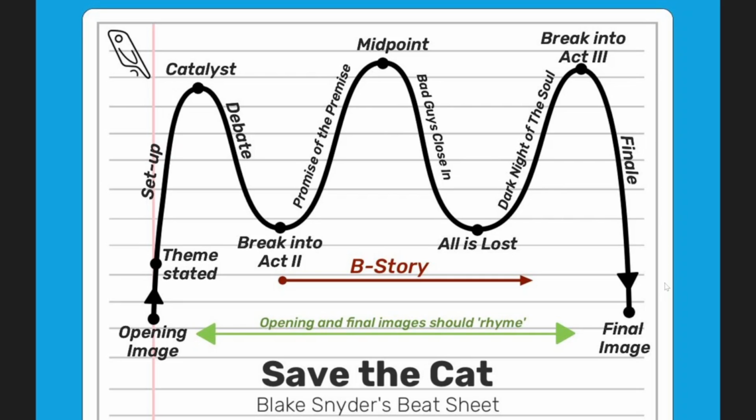If it's all wins, no losses, then players begin to lose that overall satisfaction. But if they have a setback, and the setback can come in multiple places. Look, that all is lost, that break into Act 2, both are kind of low points. So we're sprinkling low points in the story, but we also need high points in the story.